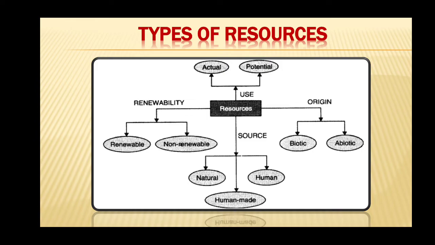Examples: the phone you are using, the textbooks you are learning from, the TV you are watching, the music you are listening to, the iPad you are listening to music on, the chalk you are writing with, the pen you are writing with. All the things which are used by humans are called resources.